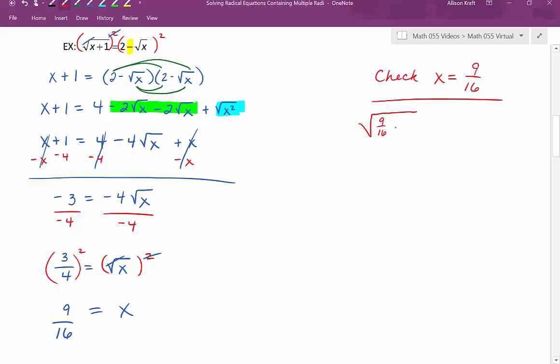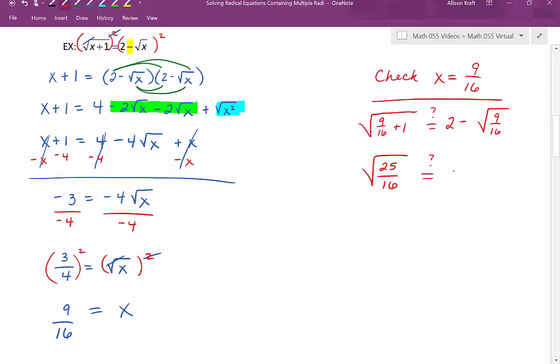Is the square root of 9/16 plus 1 equal to 2 minus the square root of 9/16? So you want to add those fractions underneath. Either use your calculator or get a common denominator. We're going to get 25/16.